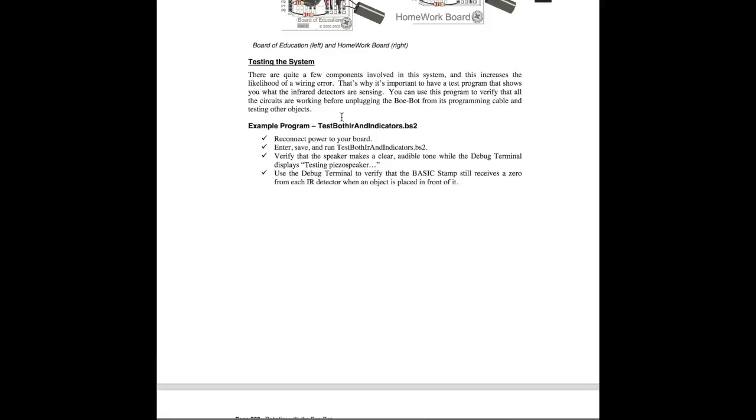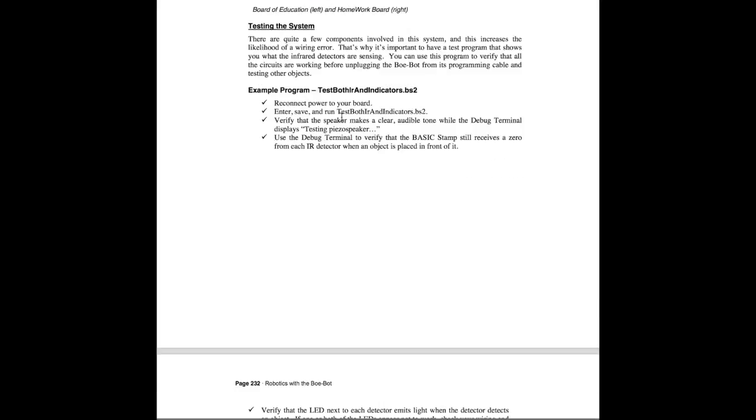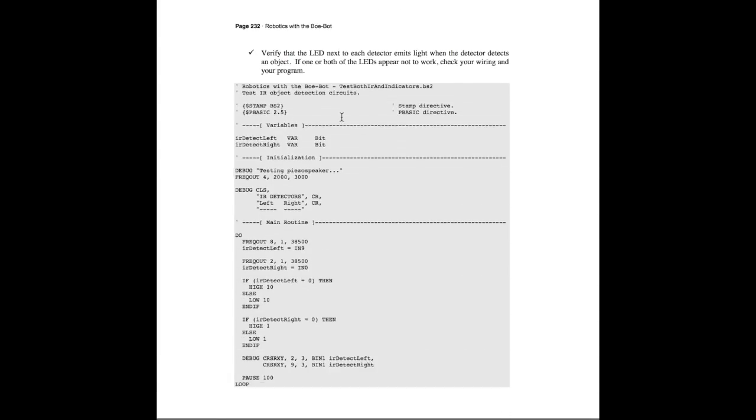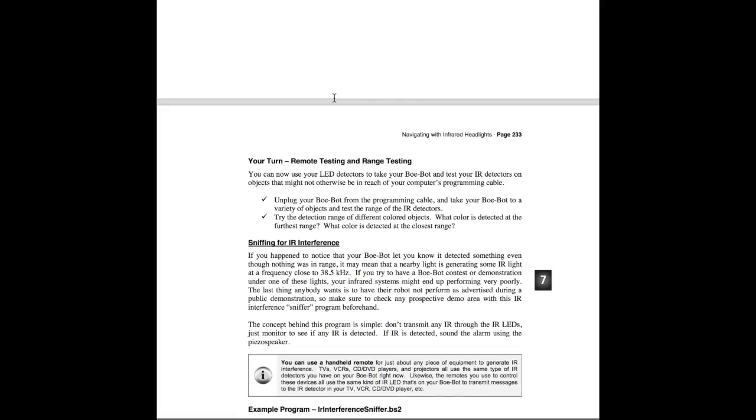You could move your robot around the room or near whatever your course is, and you could see if there is infrared in that area. If there was, then you would know that you'd need to change something on your robot because it's not going to work, because you get infrared interference. So that's the code for that there. We're not going to go through it.